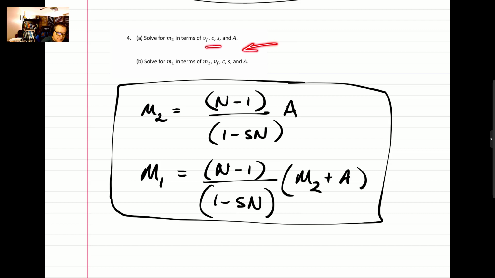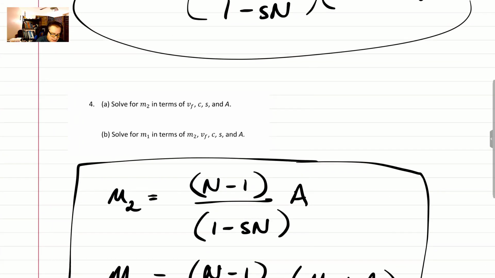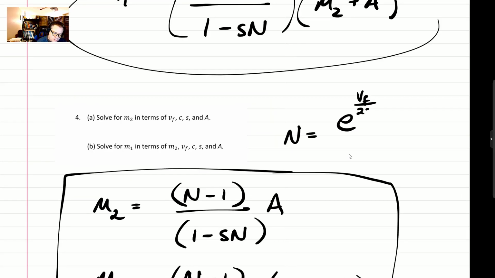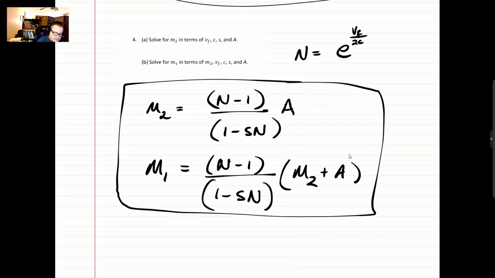It says in terms of final velocity, exhaust velocity, and structural factor S, and those figure into the value of N. So just recall that N was e to a power, final velocity over 2 times exhaust velocity, and so we could just replace it here.